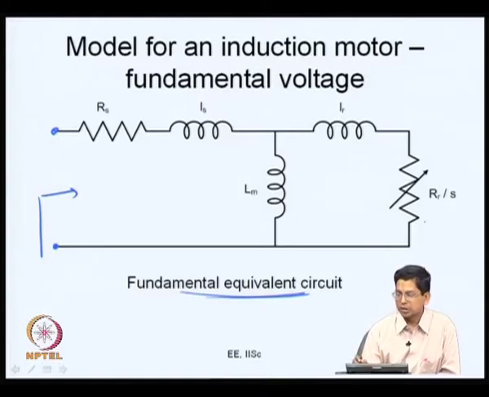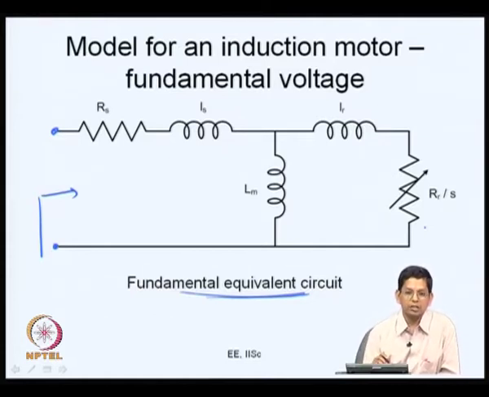This RR by S can be divided into two parts as RR and the remaining. The RR alone stands for the rotor resistance, and the remaining part stands for the mechanical power developed. Whatever power is dissipated through this resistor is equal to the mechanical power developed by the machine.